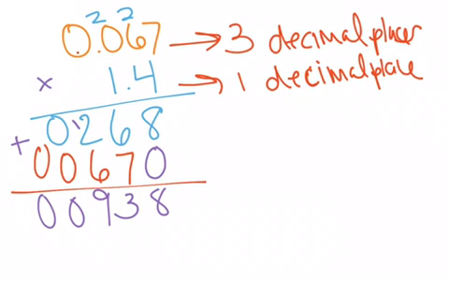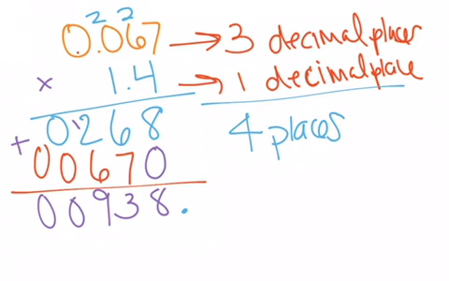Same thing, we're going to start off right here on the far right of the numbers. We're going to go over 4 places, because that's how many places are in our problem. So 1, 2, 3, 4. Notice how I'm drawing that arrow to show where I'm landing. This dot right here is showing where I'm starting, okay? So our answer is going to be 0.0938.